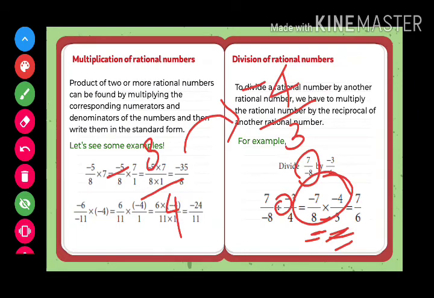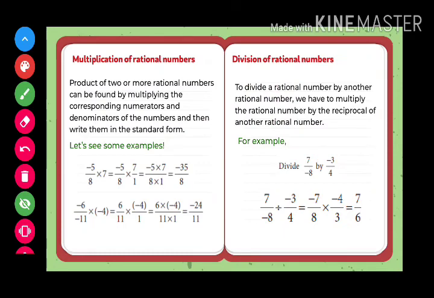Okay, so far we have seen 4 operations on rational numbers. The first one is addition. Addition contains 2 parts: addition on same denominators and addition on different denominators. For the same denominators, you just add the numerators and put the common denominator. For different denominators, you take the LCM and convert the denominators into the LCM, and then you can use the first type.